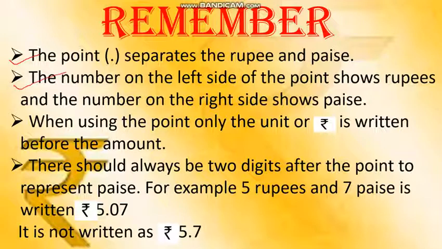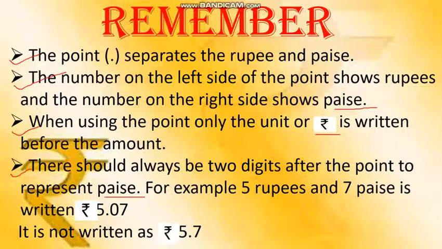The number on the left side of the point shows rupees and the number on the right side shows paise. When using the point, only the unit or rupee symbol is written before the amount. There should always be 2 digits after the point to show paise.